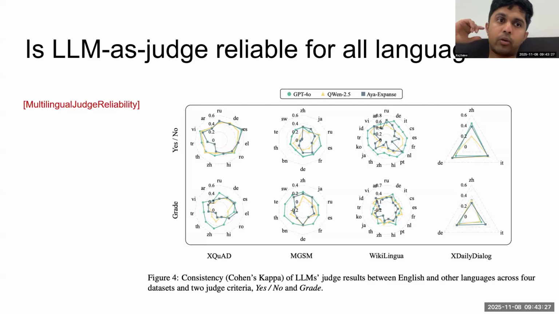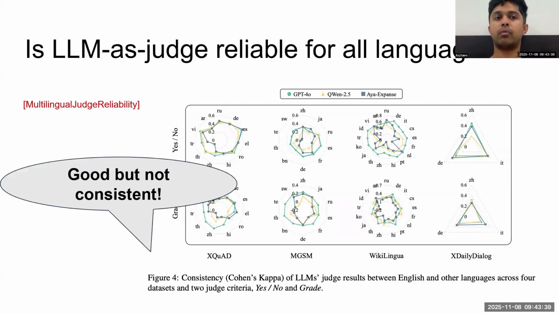According to this work on multilingual judge reliability, what they have analyzed is whether there is a consistency in the LLM's judge results between English and other languages. For the same kind of prompts across different languages and the same kind of responses, they figure out whether the LLM as a judge grades these responses consistently.